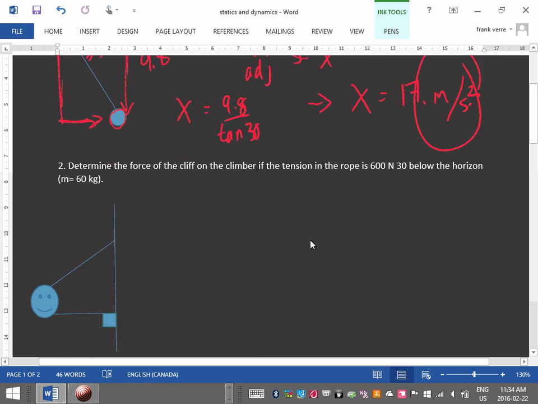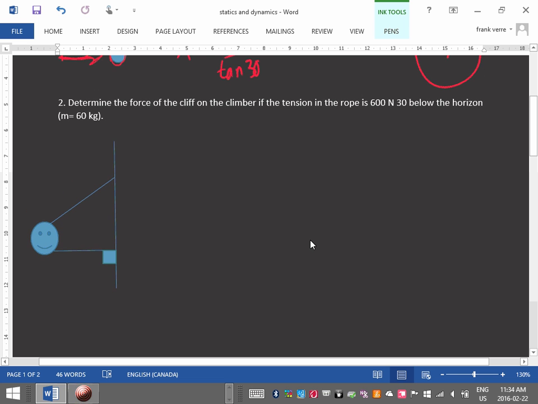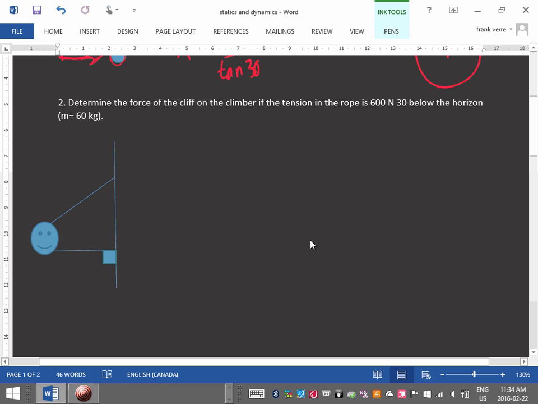So here's the next question. This is a question that's similar in your textbook. It's about a rock climber. So this is my rock climber over here, okay? So the person is, I should have got a better picture, pulling on a rope. Okay?